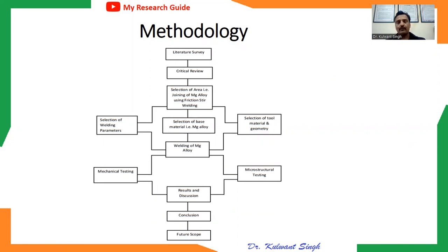First of all, literature survey, then critical review of the literature, then selection of your topic, any methods, and how you will perform the experimentation or any survey, then how you will conclude, and then any testing or finding of outcomes, results, discussion, then conclusion of your study and future scope.